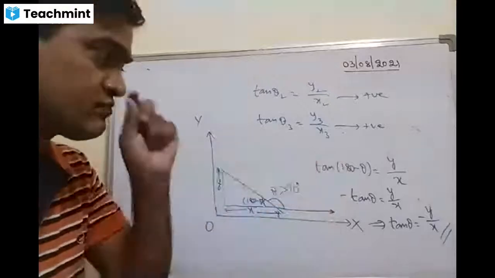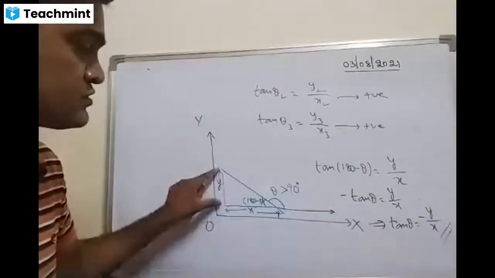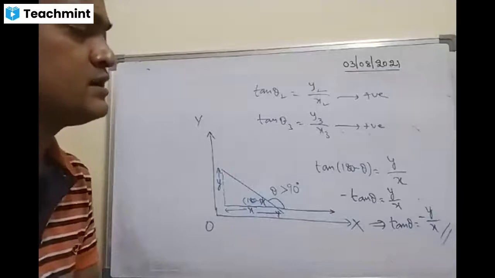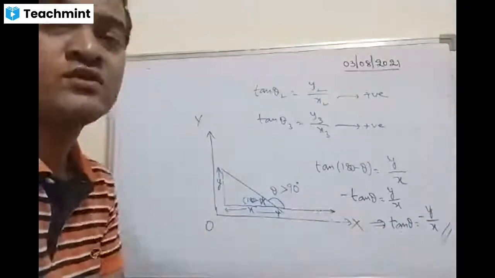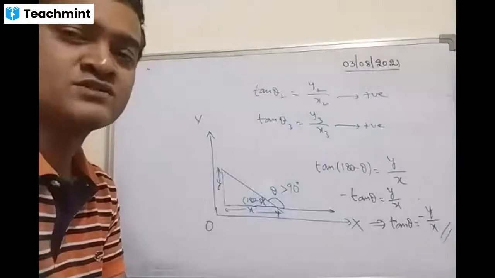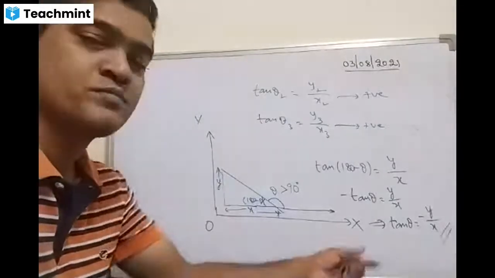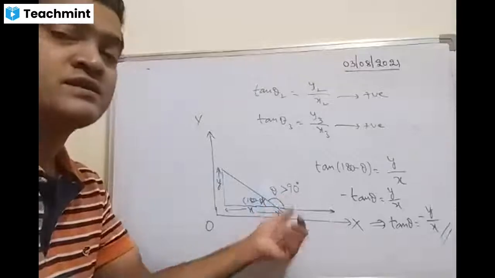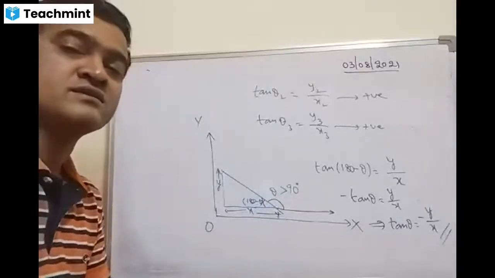I have written tan of 180 minus theta is equal to the opposite side by the adjacent side, y upon x. And finally, I got the value of tan theta as minus y by x. Tan theta is nothing but slope. Therefore, slope is negative for theta greater than 90 degrees.